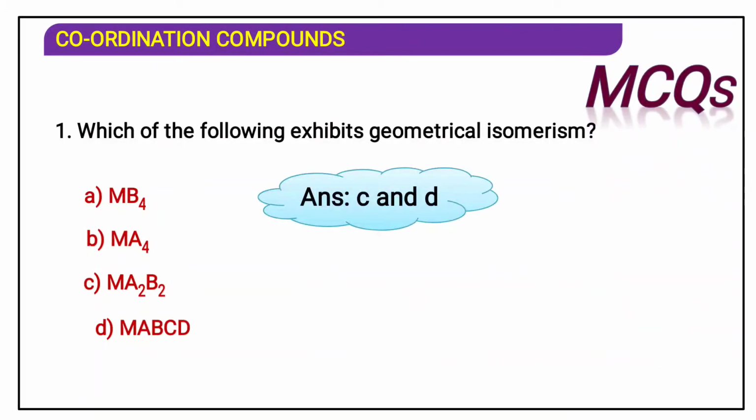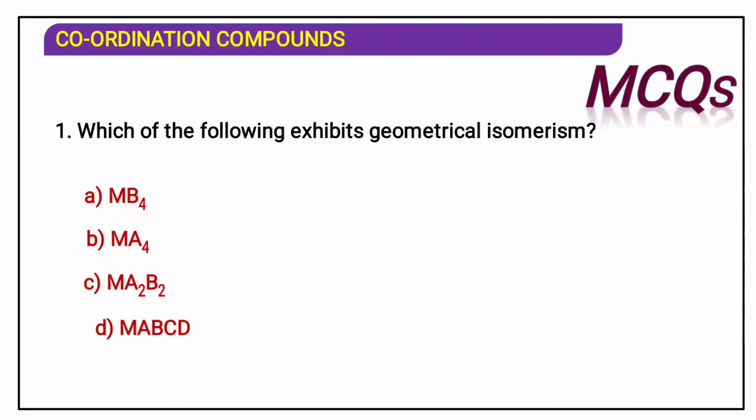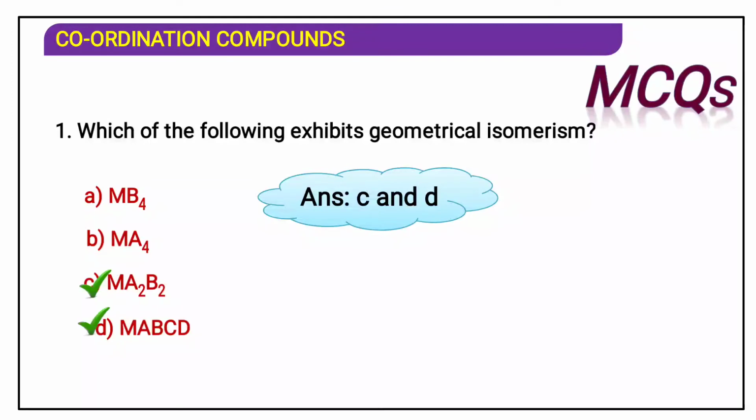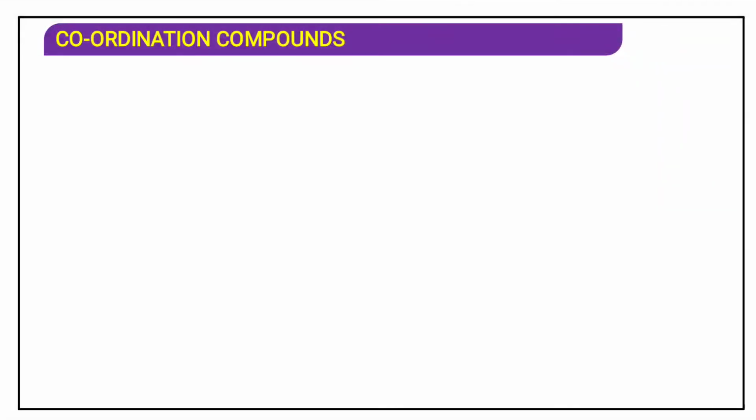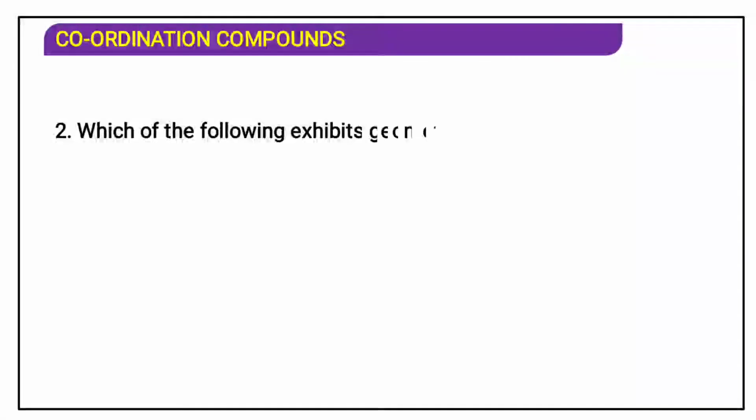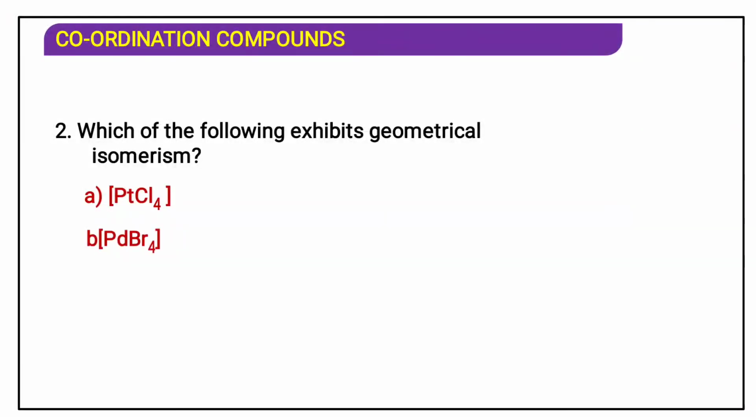So the right answer is C and D. Geometrical isomerism is so, but cis and trans I cannot explain for ABCD, so it is also considered that it shows isomerism. With an example, that means C and D.